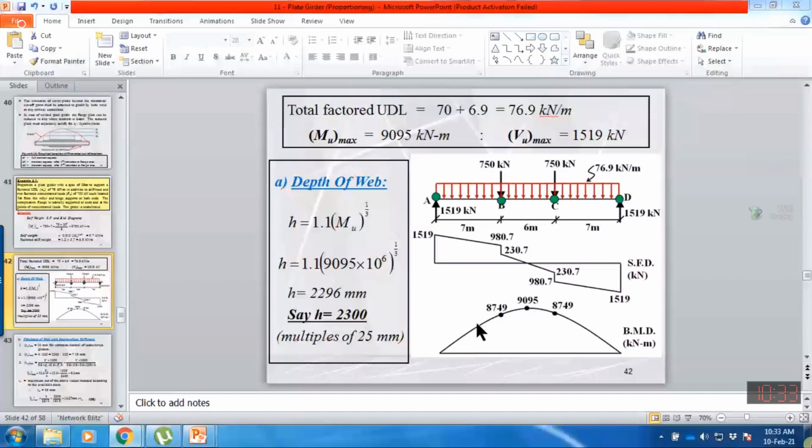So at the edges, in this end zone, this will be the zone where I am providing the flange with half area. So the capacity of the plate girder will be checked only for zones A and B, and also for zones C and D, because our plate girder has identical loading and a symmetrical bending diagram. Within this zone, I need to check the capacity. So LB of this edge zone is 7 meters.